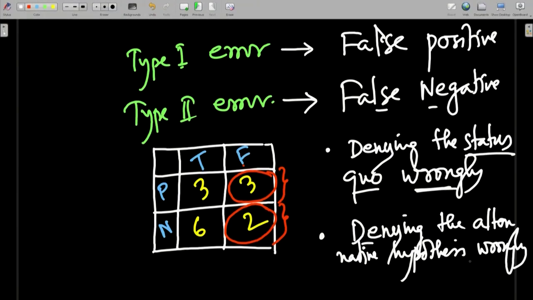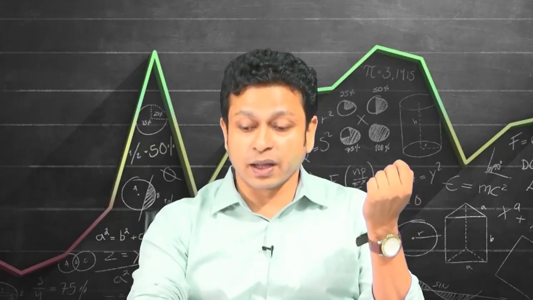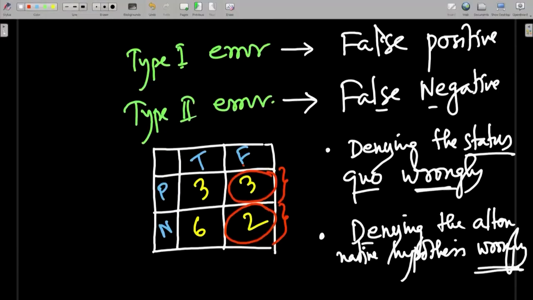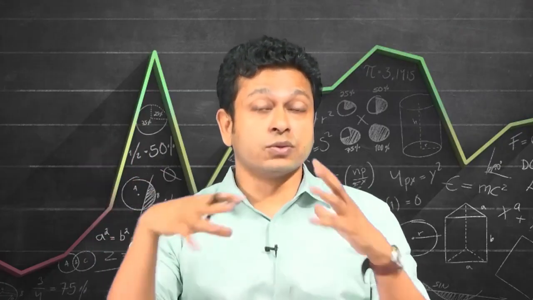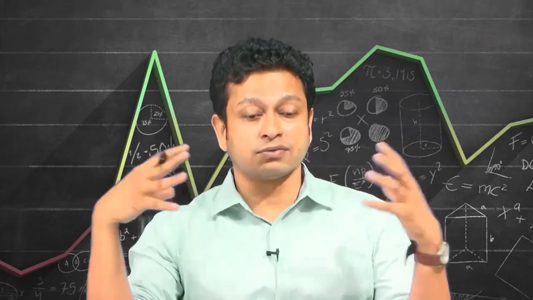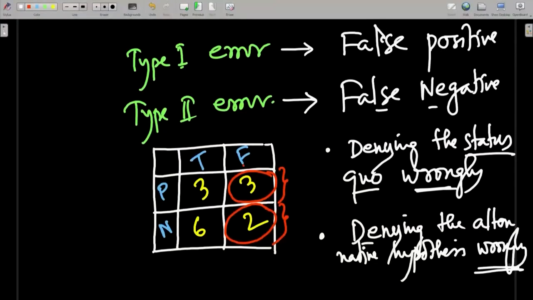The alternative hypothesis was that that person is a thief, because it is actually disrupting the status quo. That is why it is the alternative hypothesis, and we are saying that he is not a thief, so it is wrongly diagnosed. Basically, in both the cases we try to reduce the errors, and we will see how type 1 error and type 2 error are related, if there is a trade off, and how we take care of both the errors.